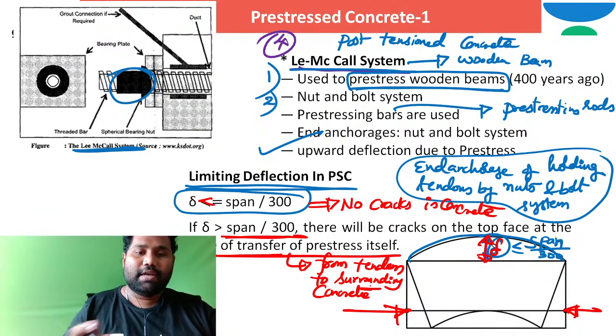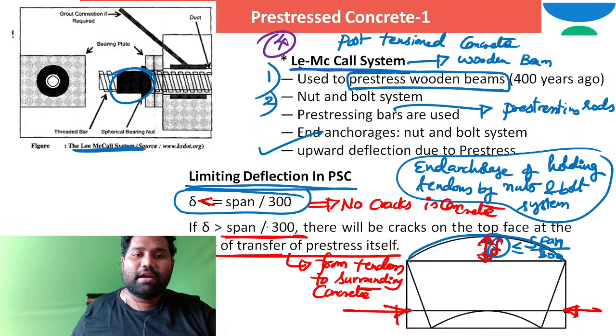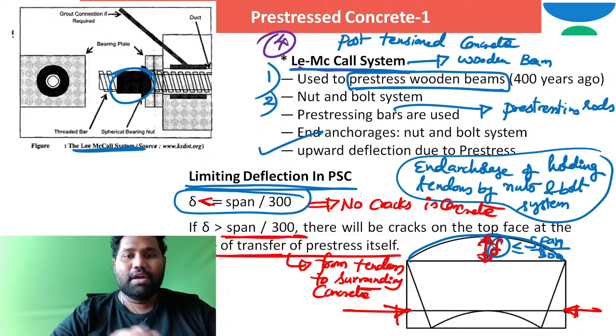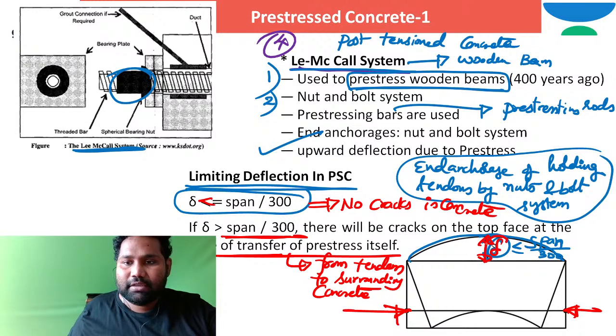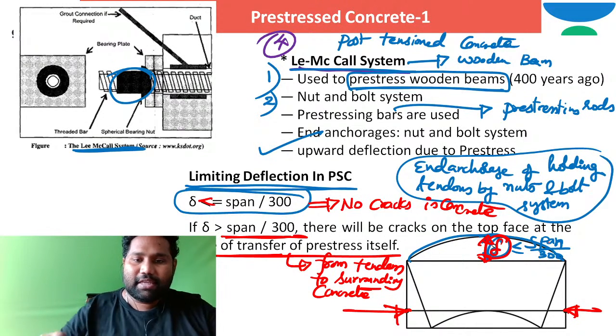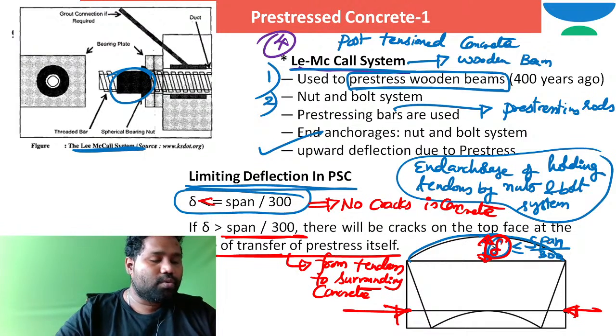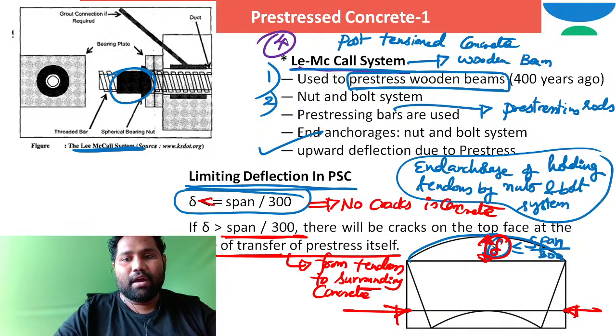In such a case, definitely cracks at the top layer are possible. In order to stop this, keep the pre-stressing force in such a way that delta is less than or equal to span by 300. This is how you need to design to stop cracks in pre-stressed concrete.